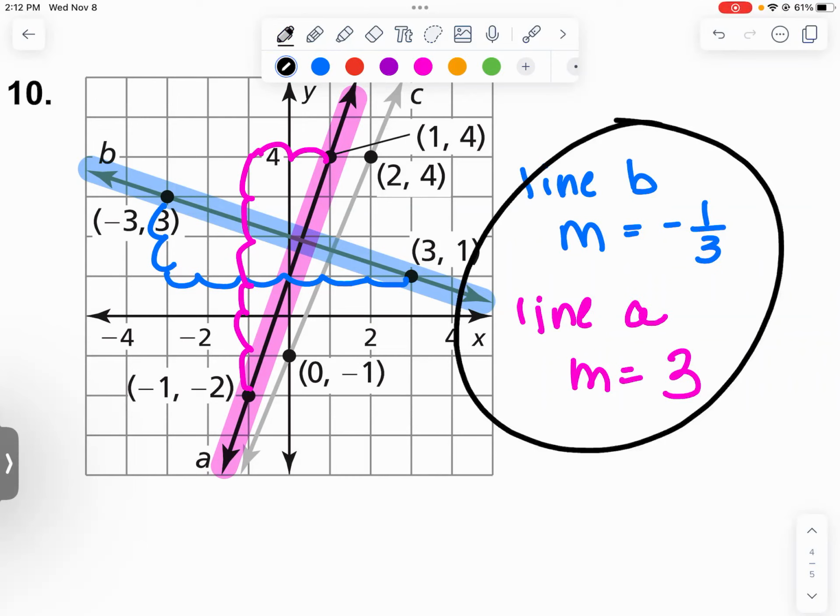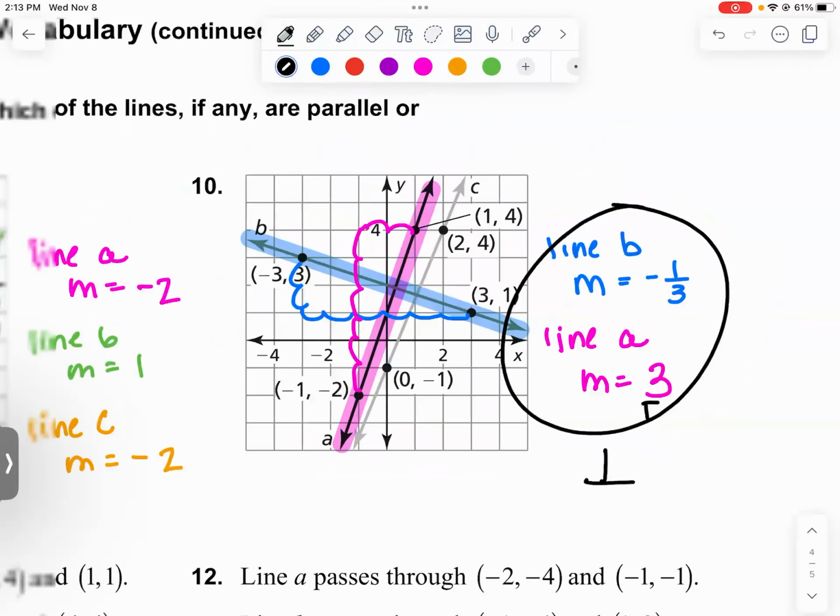So if we have a slope of -1/3 and a slope of 3, yes, these are perpendicular because we have opposite reciprocals. This is technically 3/1. So they're flips of each other, they're reciprocals, and they're opposite. Okay. All right.